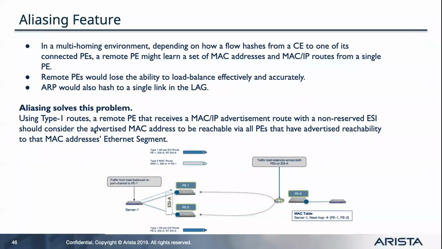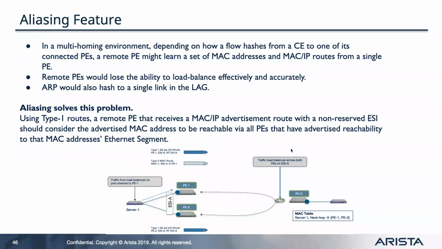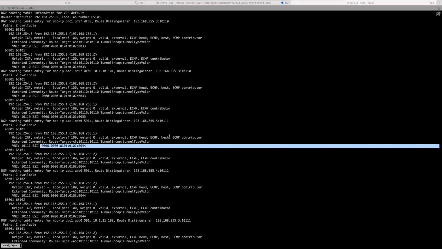So basically now you got two pieces of information. Type 2 says this MAC is reachable via PE2 and this is the Ethernet segment it belongs to. Type 2 route will give you that. Type 1 route will give you that, hey, this segment belongs to VTEP 1 and VTEP 2 both. And you will combine both pieces of information.